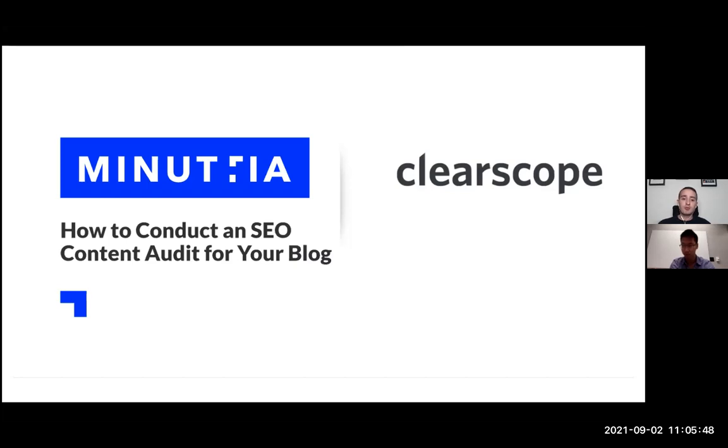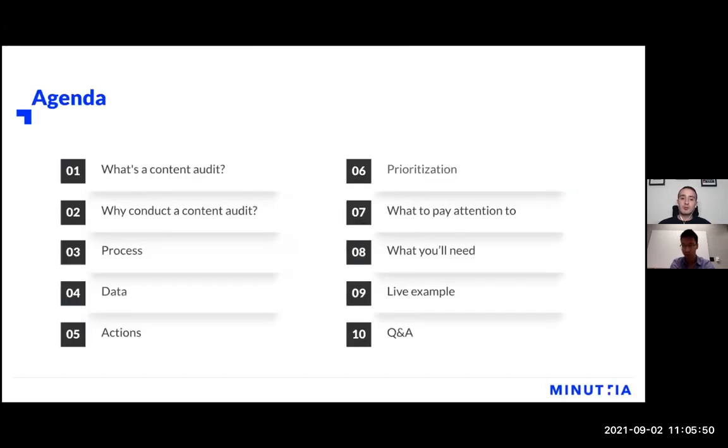Okay, so let's get started with a quick agenda of what we are going to cover today. We are going to cover what's a content audit, obviously, one of the fundamental questions around this topic. Why do you need to conduct a content audit? What is the process that we follow when we conduct content audits for our clients? What is the data that we are using in order to do so?